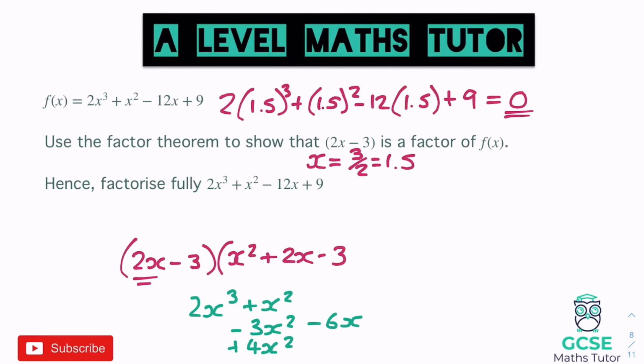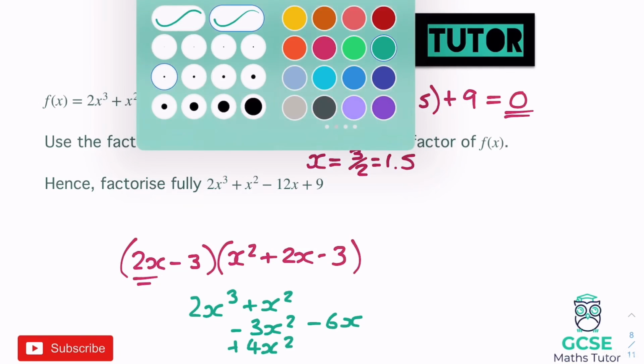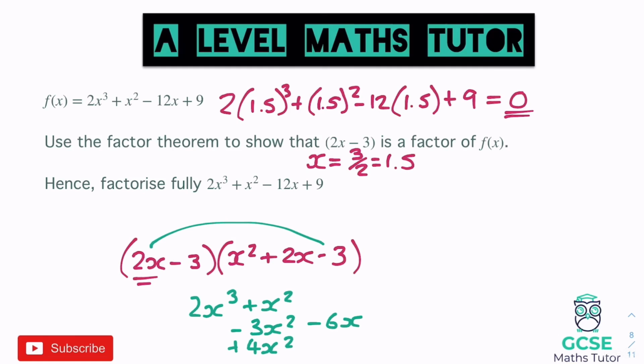And let's obviously just double check that and make sure it all adds up. So 2x times the minus 3 gives us minus 6x. Lovely, that's what we were looking for. That gives us the minus 12x in total. And then we've got the minus 3 times the minus 3, which gives us plus 9. There we go. And that is all expanded perfectly, just what we were looking for.